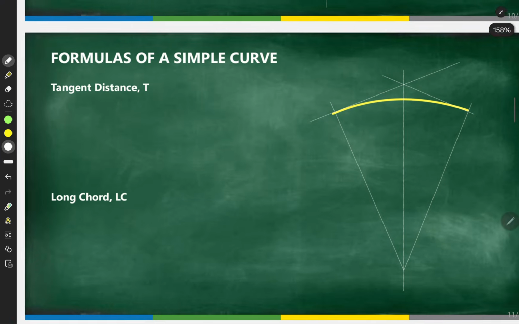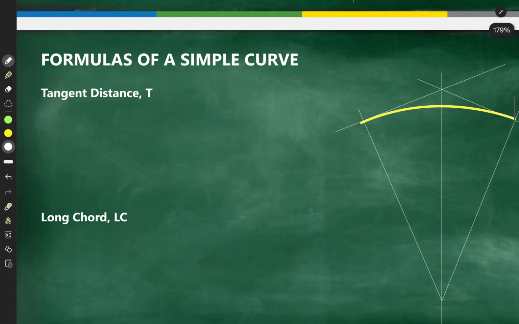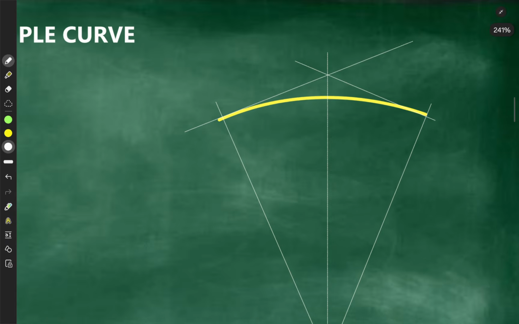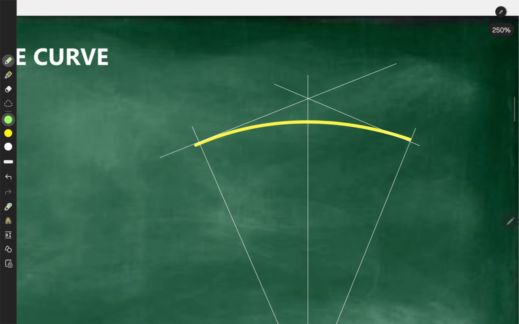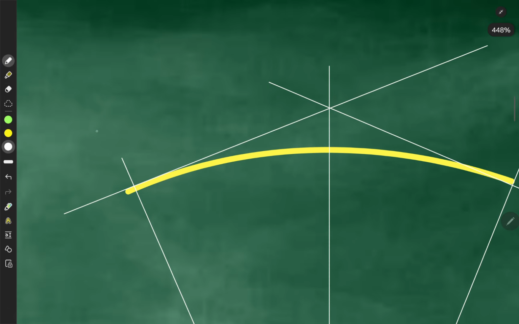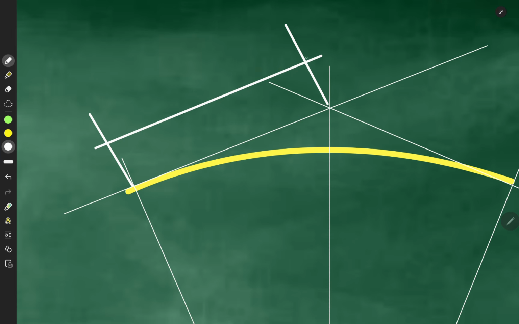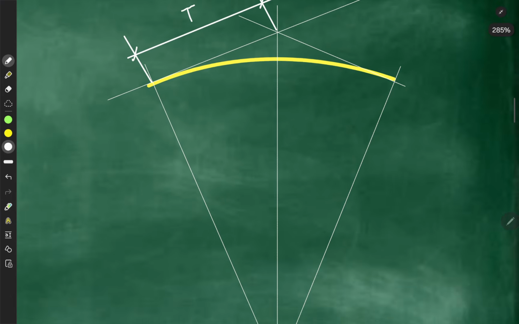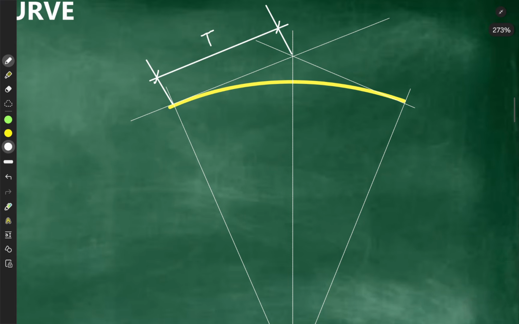Next, for our tangent distance and for our long chord, first, tangent distance. So this is our tangent distance. From dito to dito. So consider natin to.